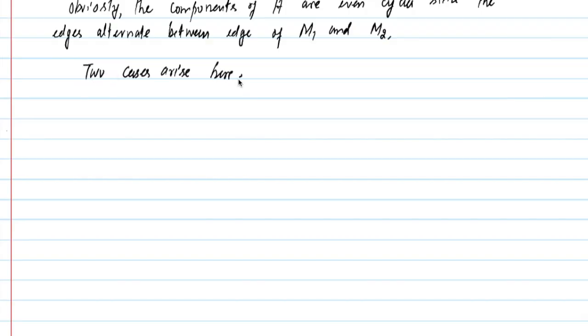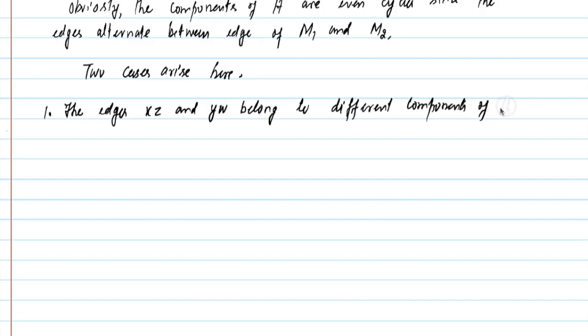When we are constructing the graph H whose edges belong to M1 or M2 but not both, then these two edges xz and yw can be in the same component of H or they may be in different components of H. So now the first case is the edges xz and yw belong to different components of H.